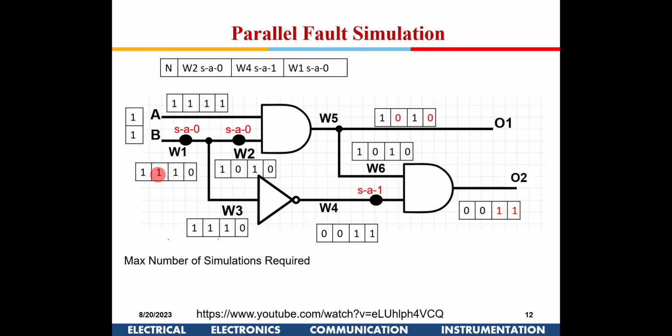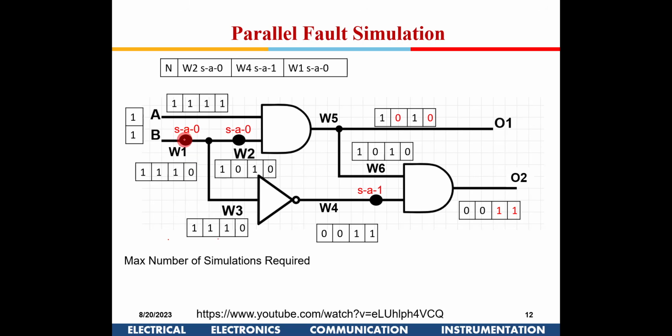I am writing a 1 out here. The third one is W4 stuck at 1, which is also not going to affect here, so I am putting a 1. Now the fourth is W1 stuck at 0. This obviously will affect it, so it has got affected out here. That is how I write it.